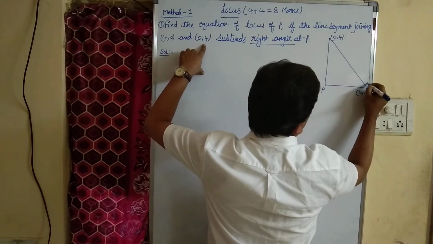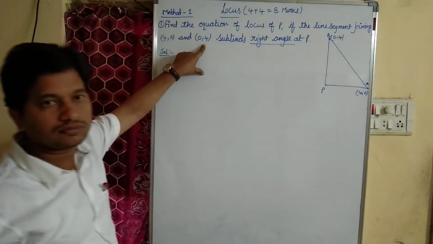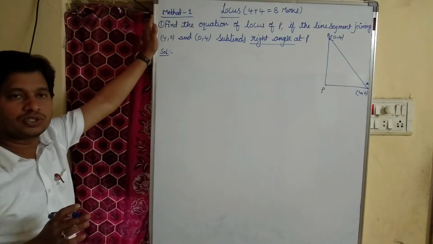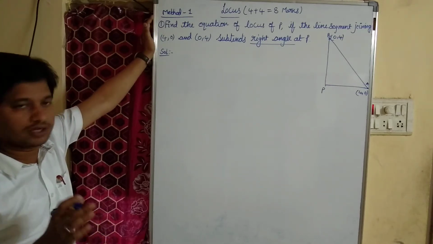Suppose you call it as point A and point B. Try to understand the question, later we will do the answer. Find the equation of locus of P.